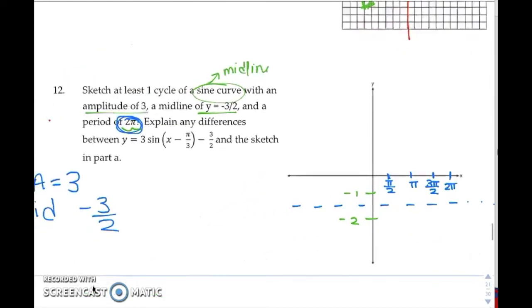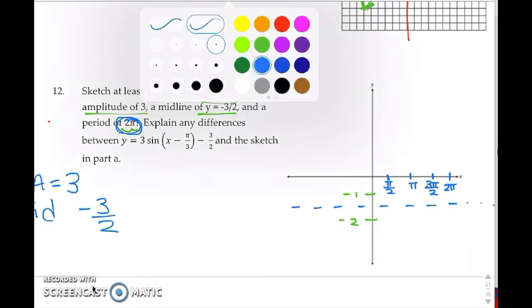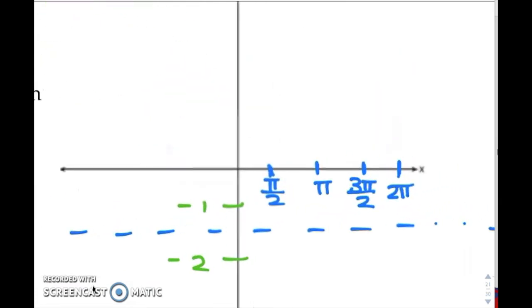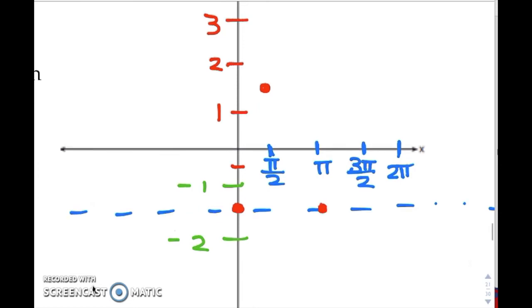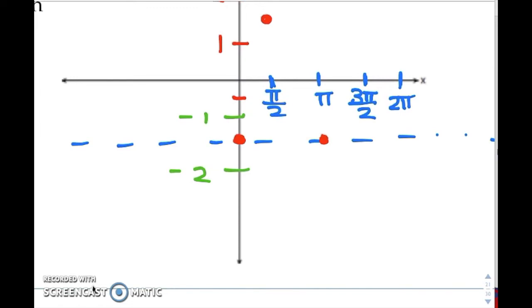Okay, so let's see what we know now. We know that the amplitude should be 3. Sine curves will start from their midline. It will go up 3, so that's 1. Just labeling those. This should go up to 1.5. It should come back down to its midline and then go down that amplitude.